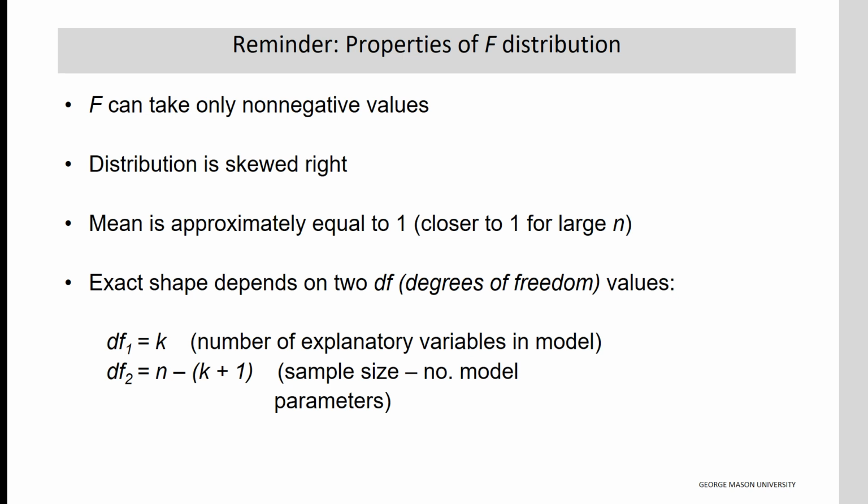Basically, one set of degrees of freedom is equal to k, the number of explanatory variables in the model, and the second degrees of freedom is n minus (k plus 1), so basically the sample size minus the number of independent variables in the model plus 1.